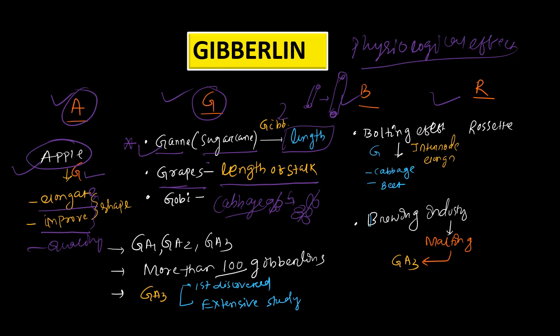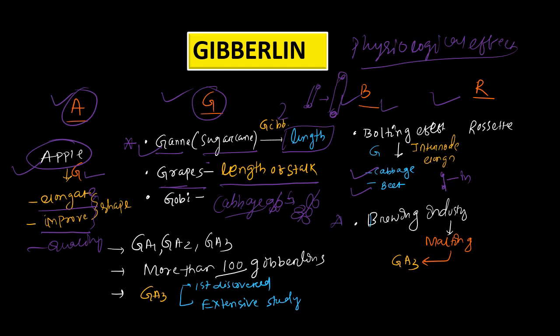Next is the bolting effect. Gibberellin shows the bolting effect. So what is the bolting effect? The part from node to node of a plant is known as the internode. This internode elongation is due to gibberellin. If I spray it on, for example, cabbage and beet, they show the bolting effect.